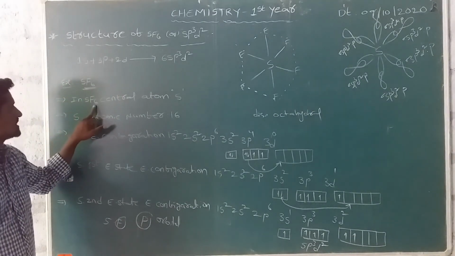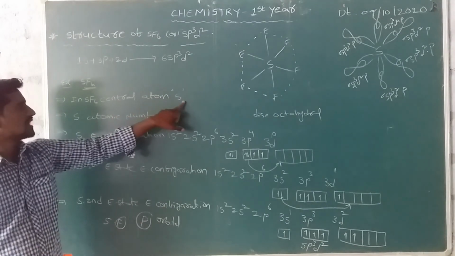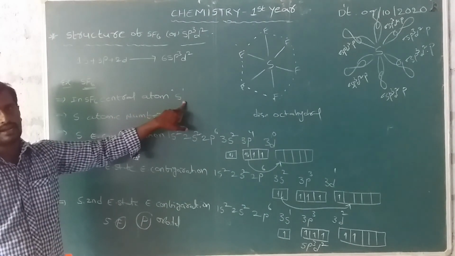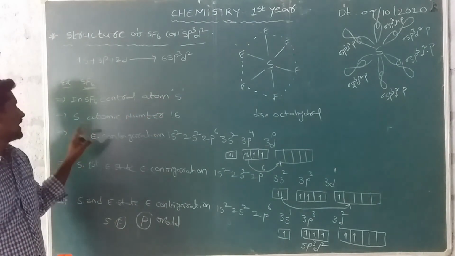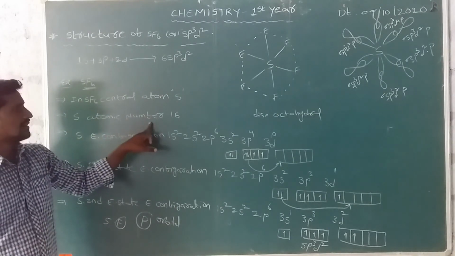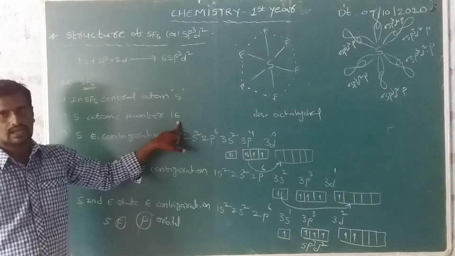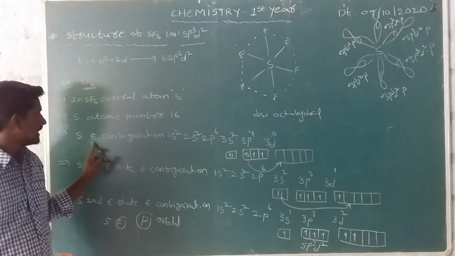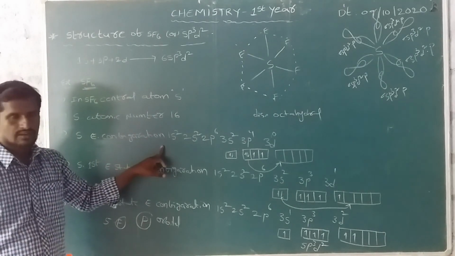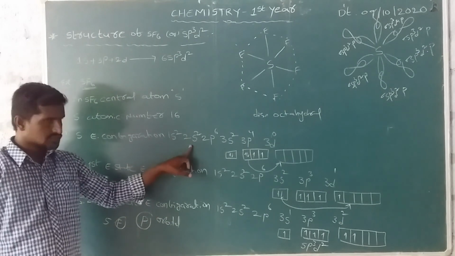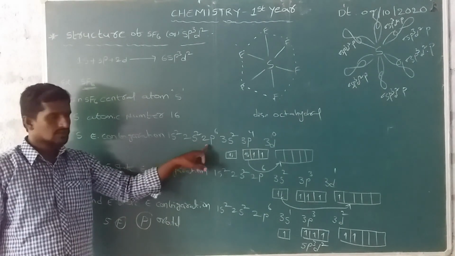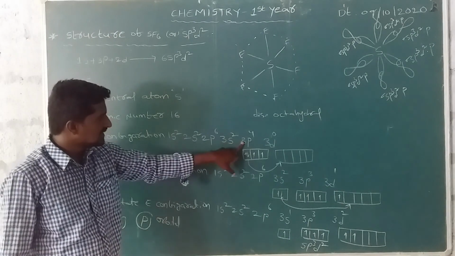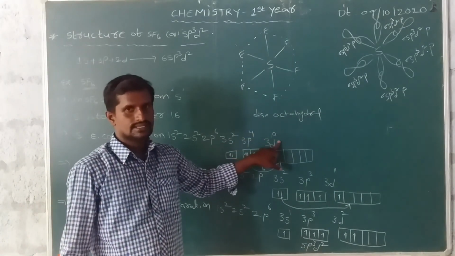In SF6, the central atom is sulfur, and sulfur atomic number is 16. Sulfur electronic configuration is 1s2, 2s2, 2p6, 3s2, 3p4 and 3d0.